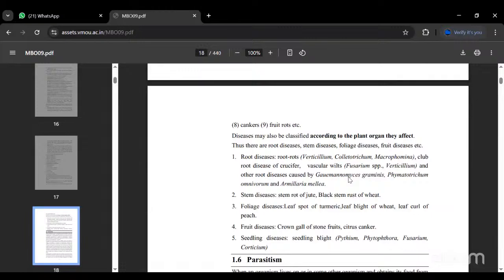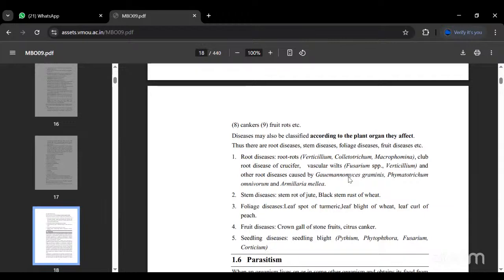Root diseases: root rot, Verticillium, Polytrichum, Macrophomina, clubroot disease of crucifer, vascular wilt, Fusarium species, Verticillium.